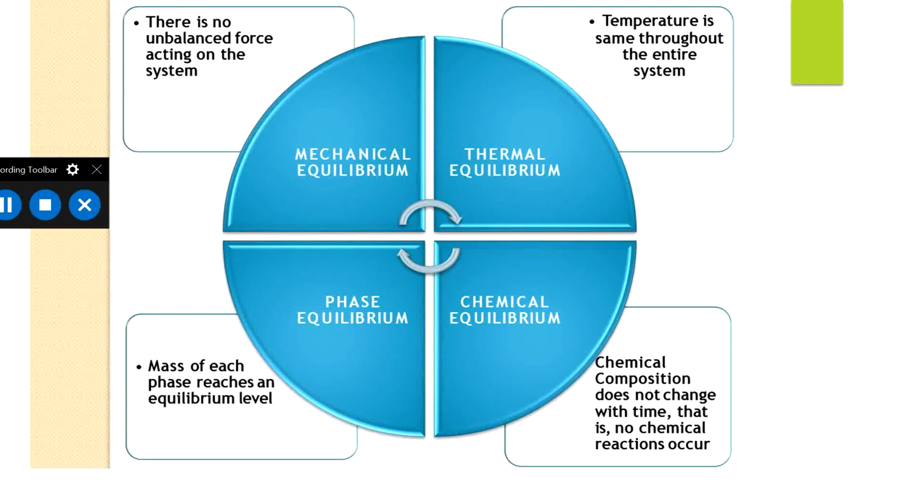Then we can say that the system is in chemical equilibrium. There are no chemical reactions occurring inside the system, or chemical changes do not occur in the system.